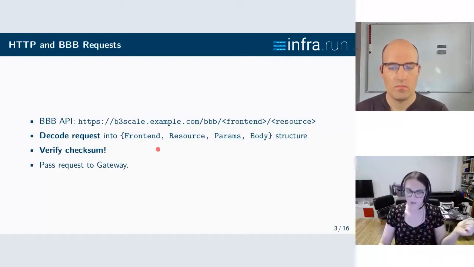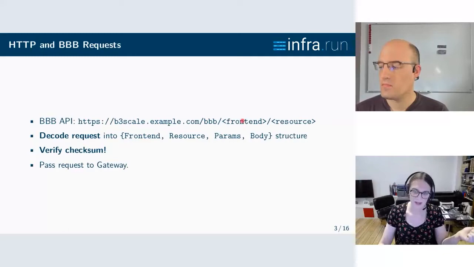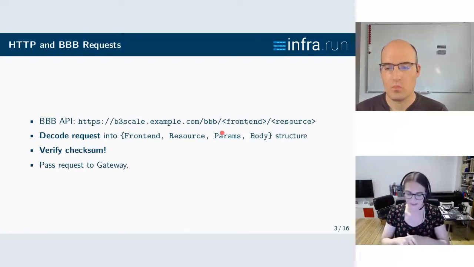Then, of course, we need to verify the checksum for the original request, checking if the front end we are dealing with, identified by this front end identifier, is actually allowed to issue this request. So we basically do what BigBlueButton does.